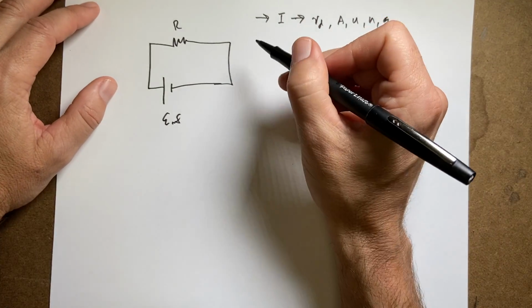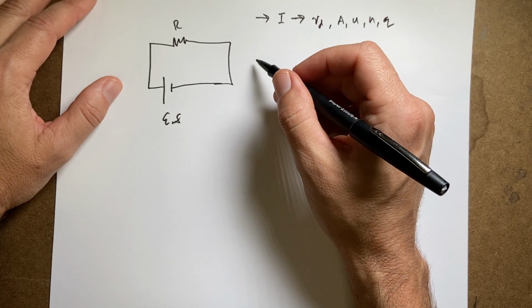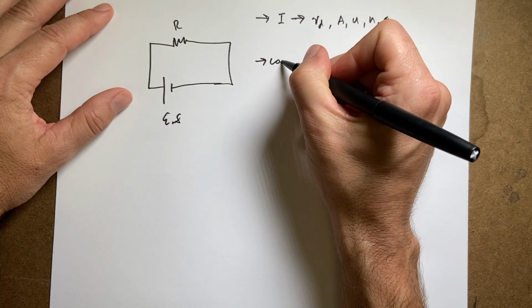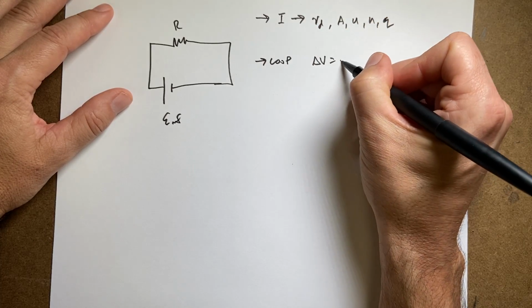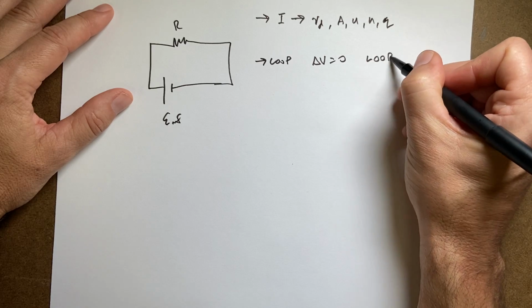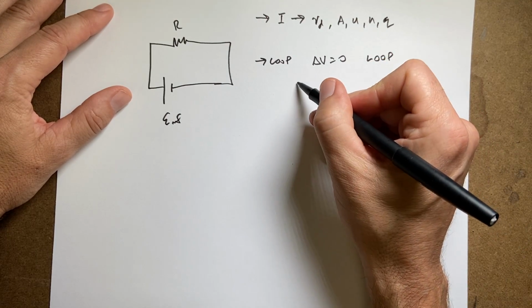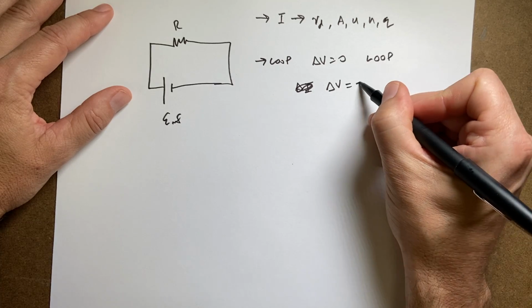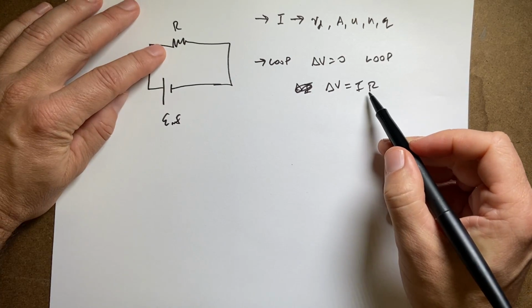All those things. You should know the loop rule: delta V equals 0 for a loop. You should know Ohm's law: delta V for a resistor is IR, where R is resistance.